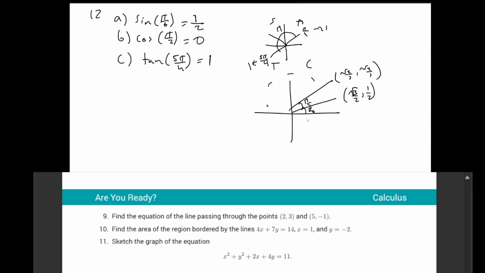First quadrant can easily be derived using your 30 60 90 or 90 45 45, 30 60 90 pi by 6, pi by 3, pi by 2, or your pi by 4, pi by 4, pi by 2 triangles. That's how you can derive the first quadrant. Then all the other 3 quadrants are pretty straightforward, just only knowing the first quadrant.